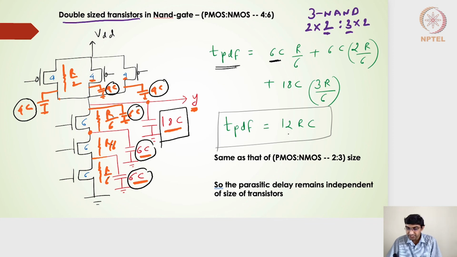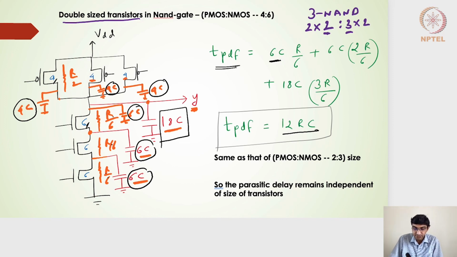So overall, the propagation delay falling turns out to be the same 12RC that we had seen for the 2:3 3-input NAND gate. Even for the 4:6 ratio, we got the propagation delay falling as 12RC. What I've done is I've not considered the next stage.